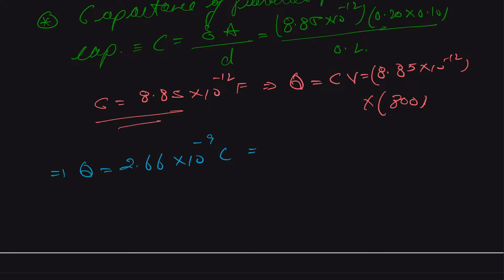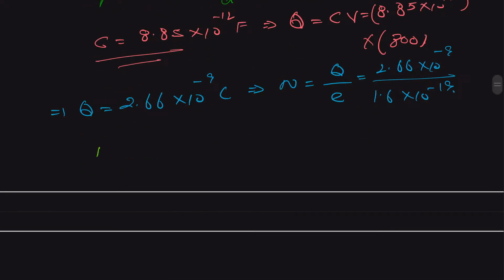Now we find the number of electrons n, which equals the total charge divided by the charge on one electron: 2.66 times 10 to the power minus 9 divided by 1.6 times 10 to the power minus 19. So n is approximately 1.7 times 10 to the power 10 electrons.